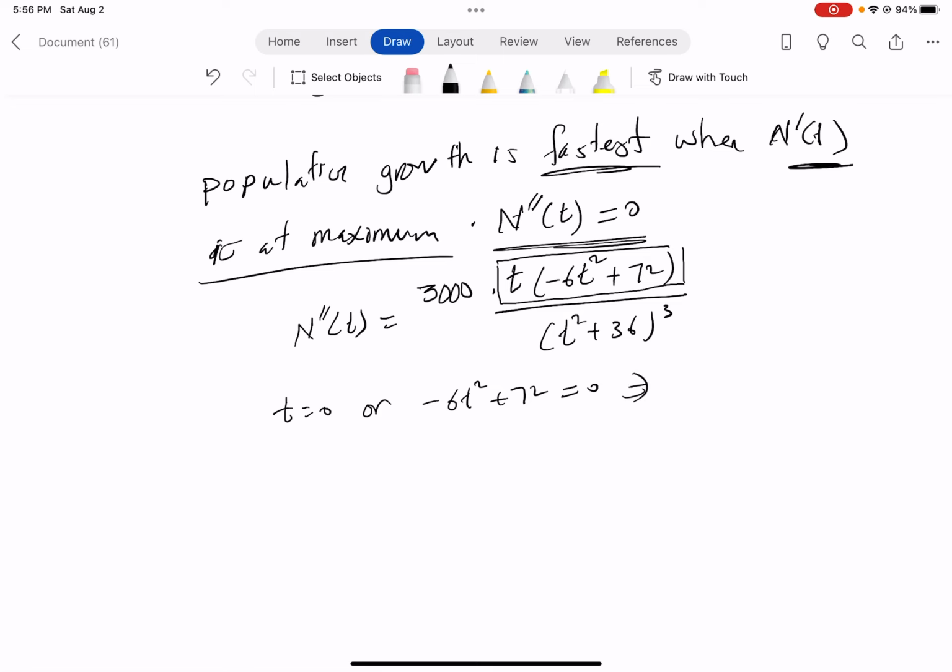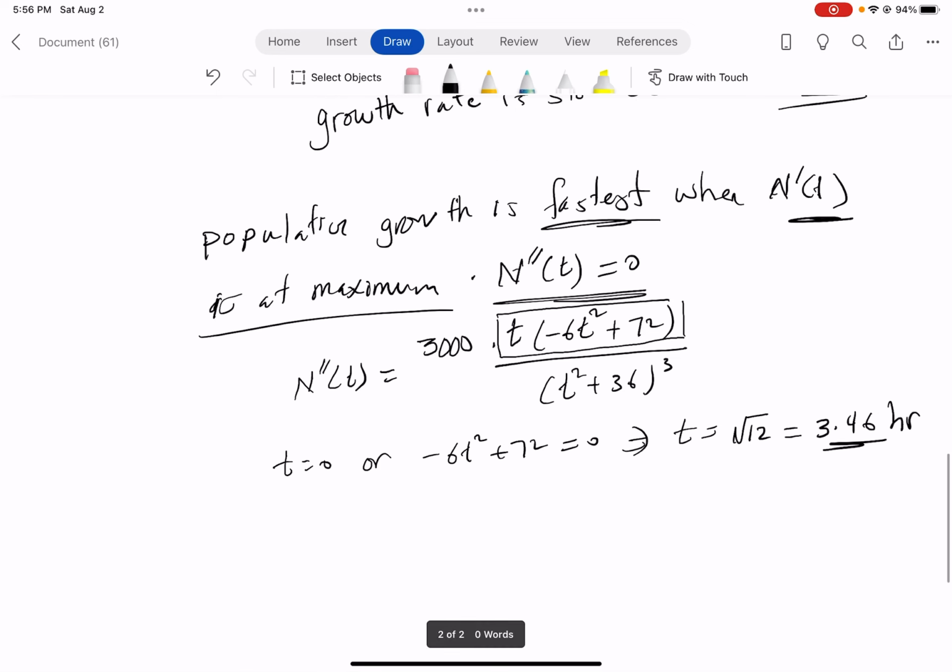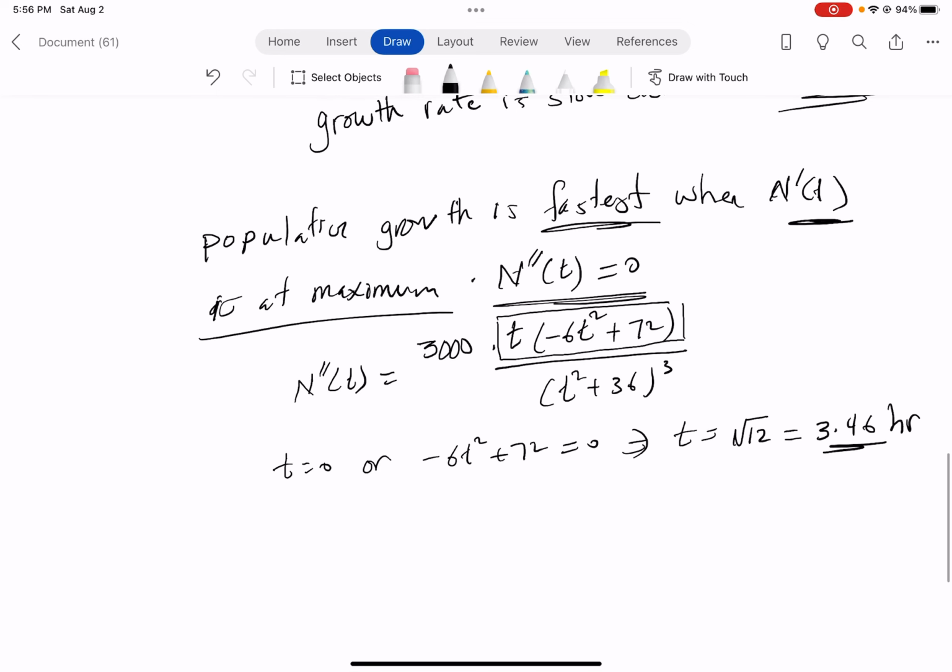So when you do this, t is equal to the square root of 12, which is 3.46, which means at time 3.46, the growth is at its fastest. So the fastest growth happened when time is equal to 3.46.